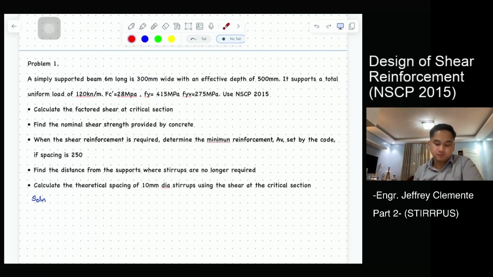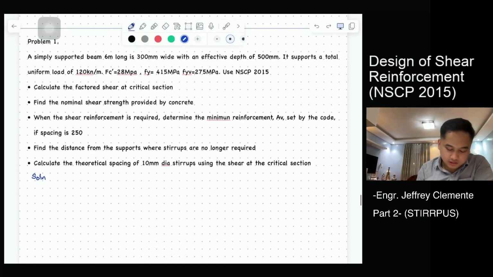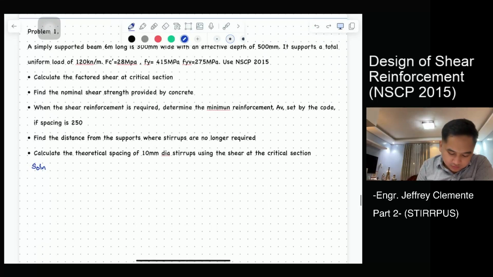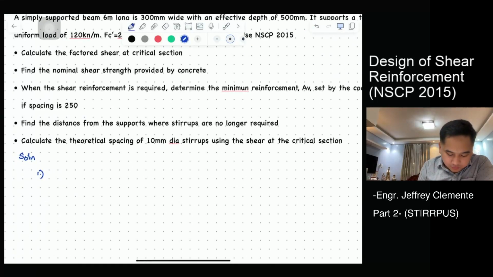So paano yan? So ano hinahanap dito? Dali lang. Ang hinahanap dito is the Vu critical. Diba? Vu critical. So for number 1, Vu critical. Paano ba siya? Di ba ang Vu critical is Wu multiplied by (Ln minus 2d) all over 2.